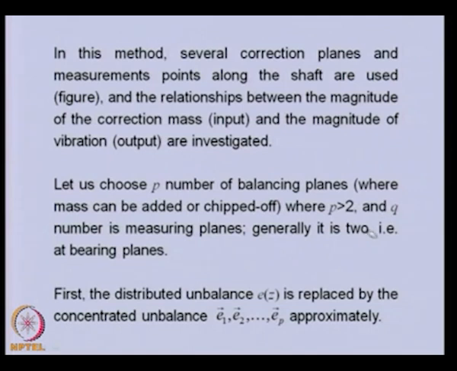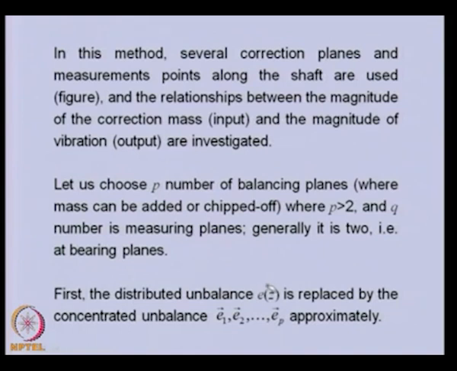That means for a simply supported shaft, we will be having only 2 measuring planes to measure the vibration. But in general, if there is a multi-support rotor system, then we can have more access to the vibration response.